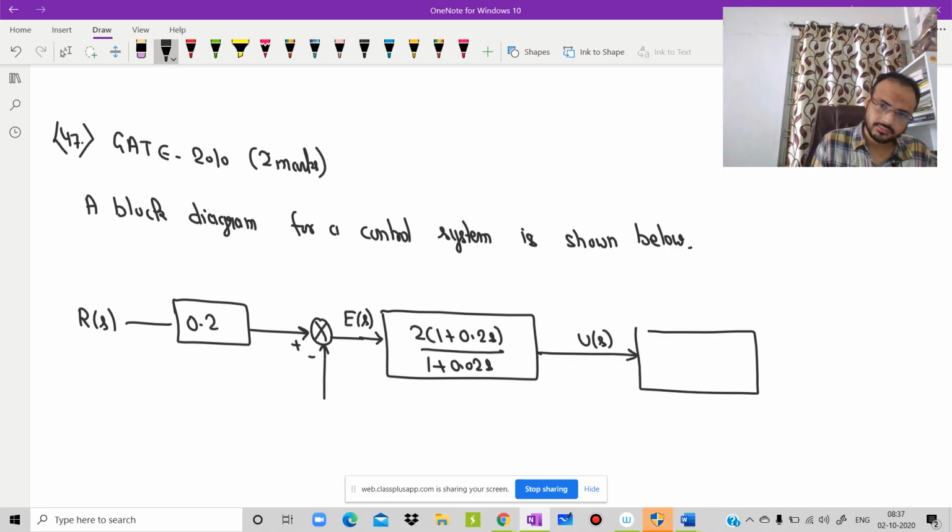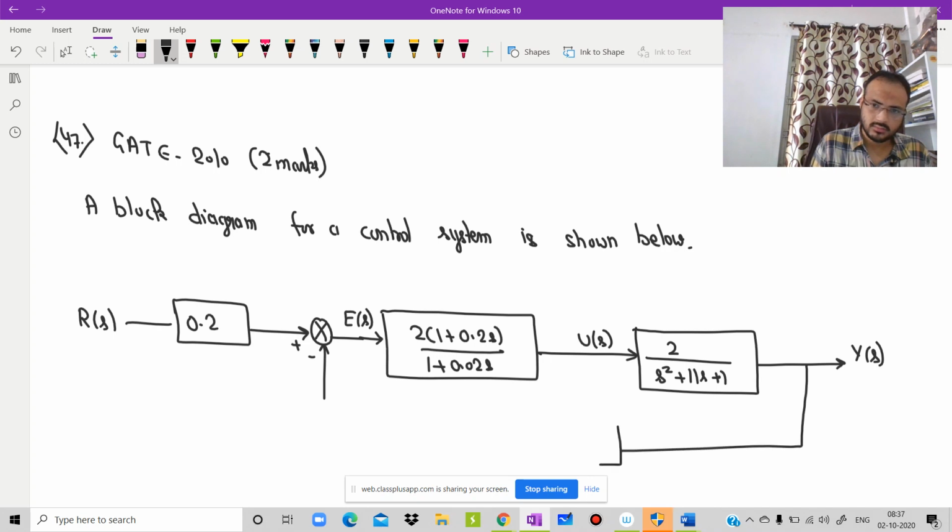The block has U of S, 2 by S square plus 11S plus 1, output Y of S, and 0.2 in the feedback.